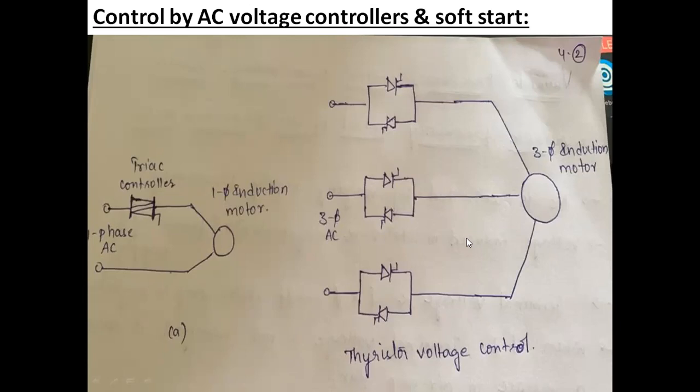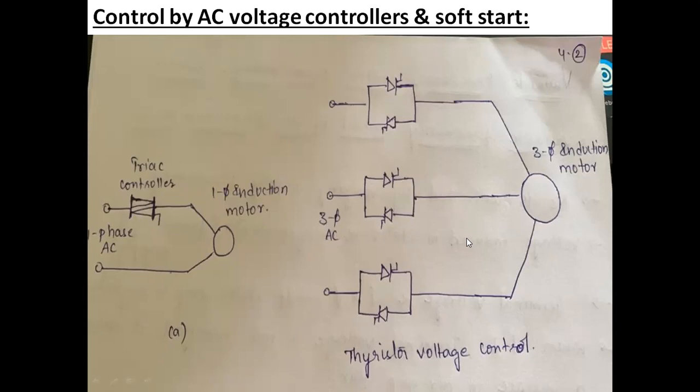They are also used for soft start of motors. Soft start of motors means the motors are started without any jerks and without any hunting noise, without any troubles. This is called soft starting.